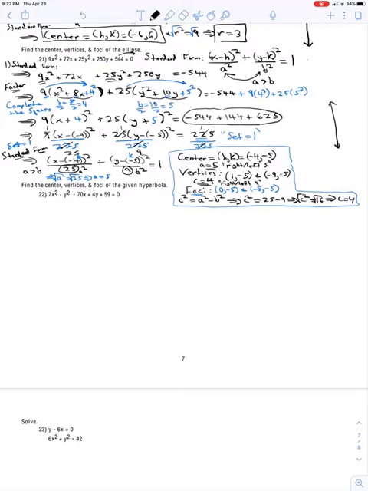So just to show it over here graphically, we'll build in my x and y axis. If I go left 4 units, and I go down 5 units, right here's the center, -4, -5. So plotting in our vertices, we go right 5 units. We'd be over here at 1, -5. So there's that distance of a, 5 units. And we go left 5 units, we'll be at the other end.